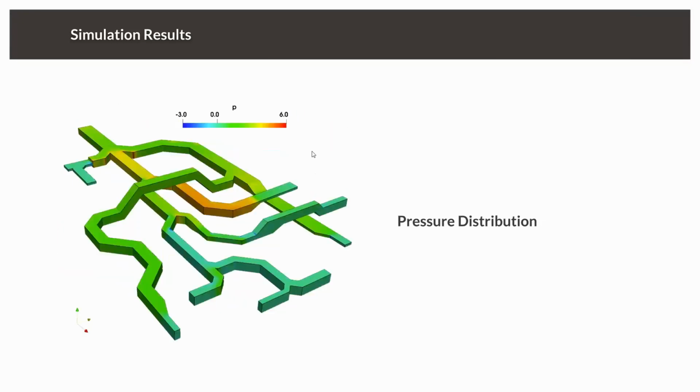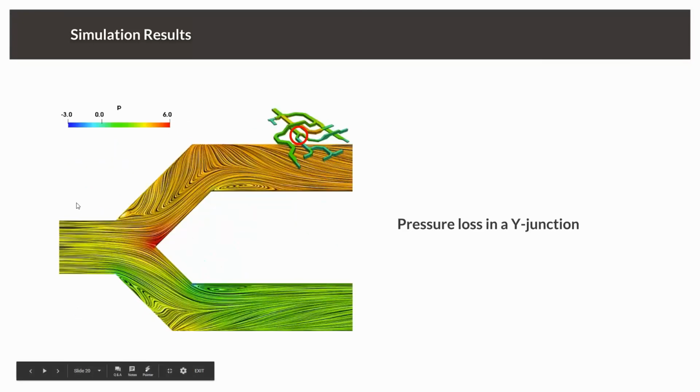This image is showing the pressure distribution outside of the ducting system, and for sure we can also visualize pressure losses everywhere. For example, here we visualize the pressure loss in the Y junction due to flow separation we have here and here. And obviously this shows that there is some potential for optimization, for example adding a fillet here or something like that.